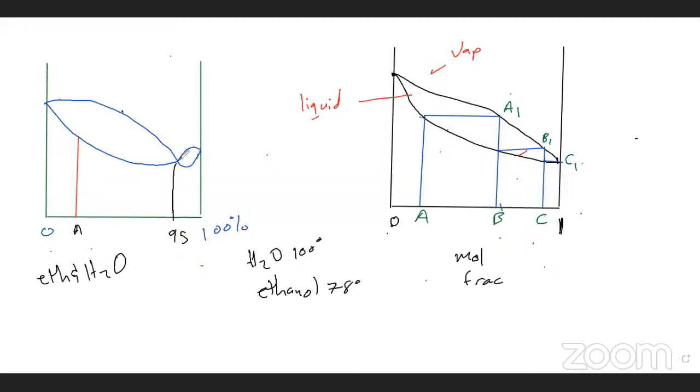Right. So at 95% ethanol, it becomes an azeotrope. And if it becomes an azeotrope, what does that mean? It has a stable boiling point. Right. So boiling the mixture at that point again will not separate it.